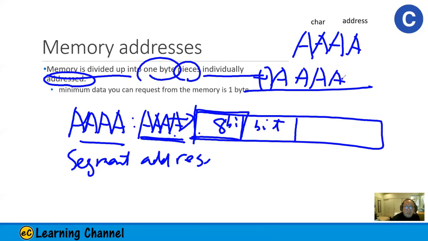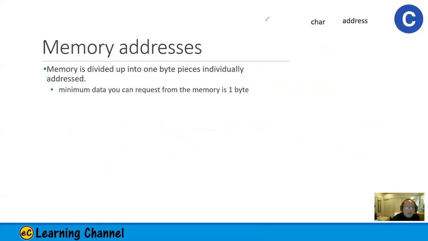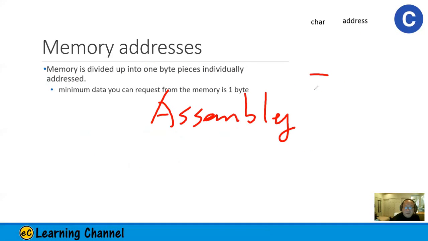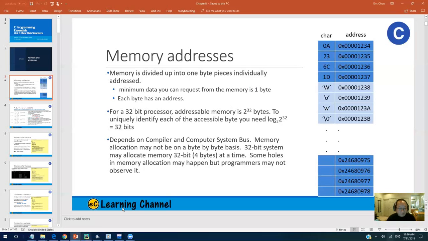That part I will cover in the assembly course, or in UCI Advanced ICS 51. Let me briefly talk about this address calculation.